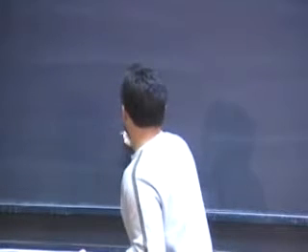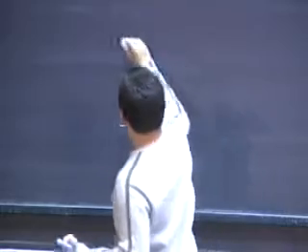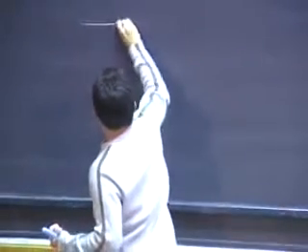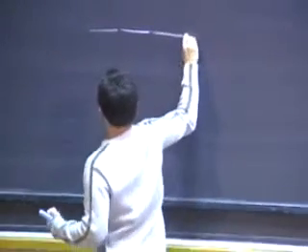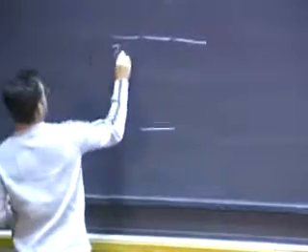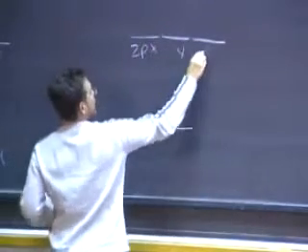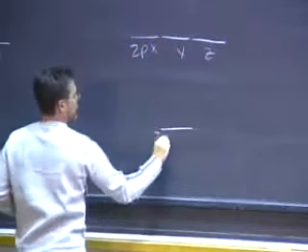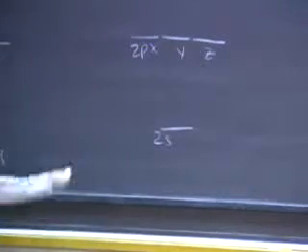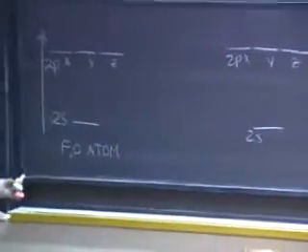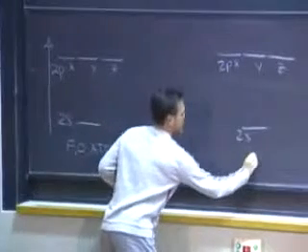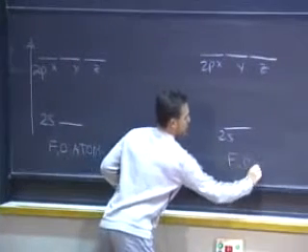And then over here, we have the other identical F or O atom with its 2p x, y, and z, and 2s orbitals at exactly the same energy as for the counterpart over here. So this is another F or O atom.